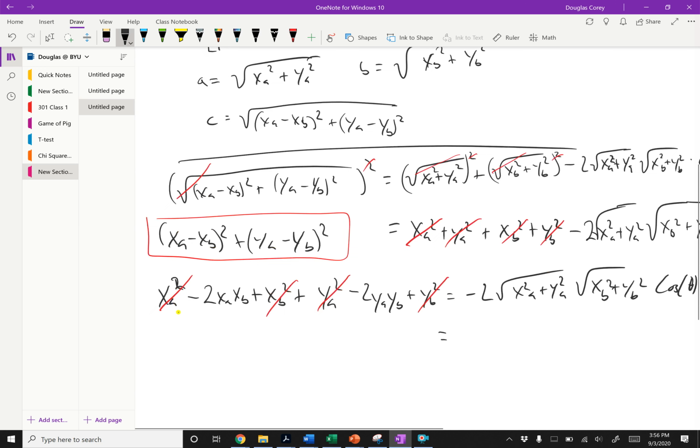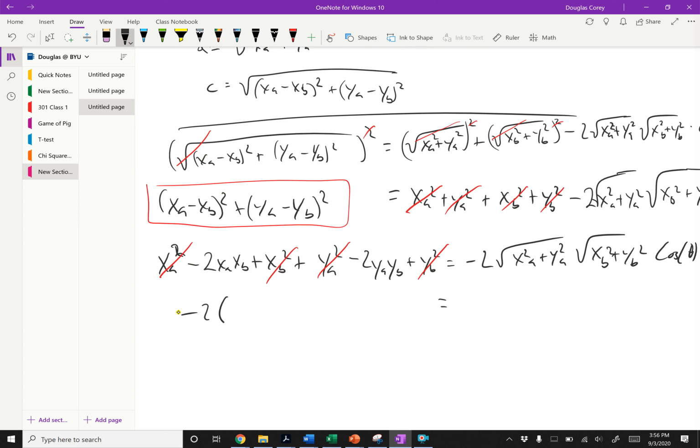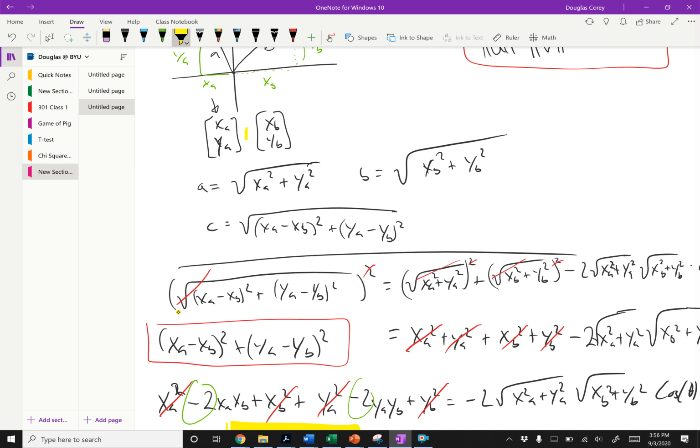And rewriting the stuff on the left, I have a minus 2. I'm going to pull out a minus 2. I've got a minus 2 here and a minus 2 there. So minus 2 times x a x b plus y a y b. Now you should notice that this expression right here is the dot product of these two vectors.